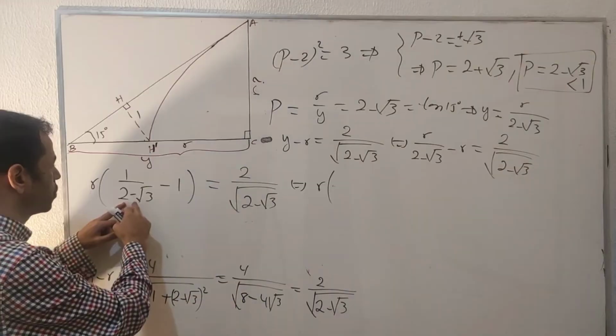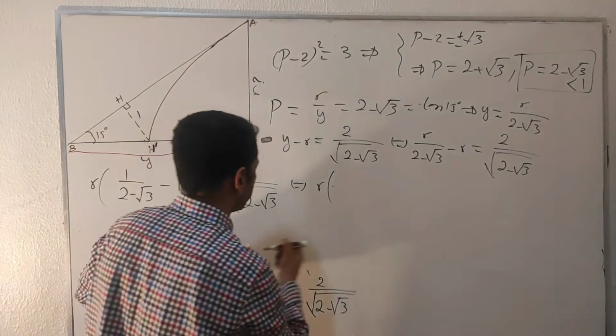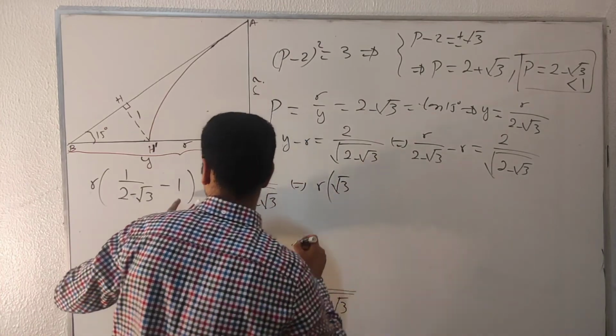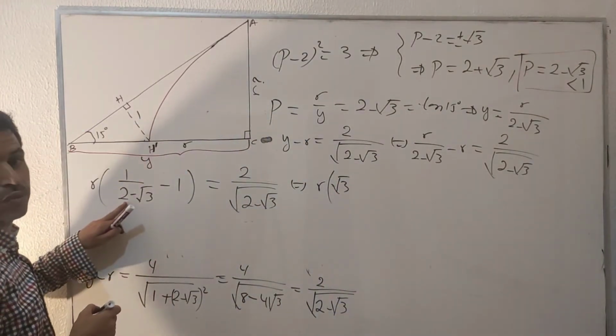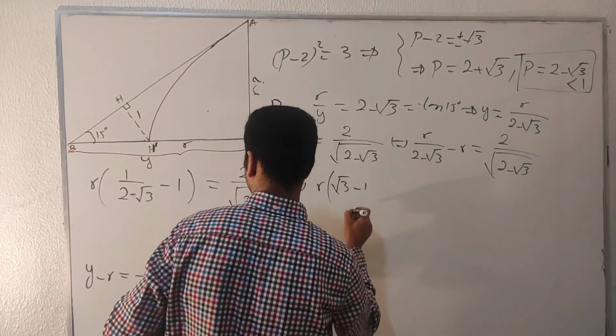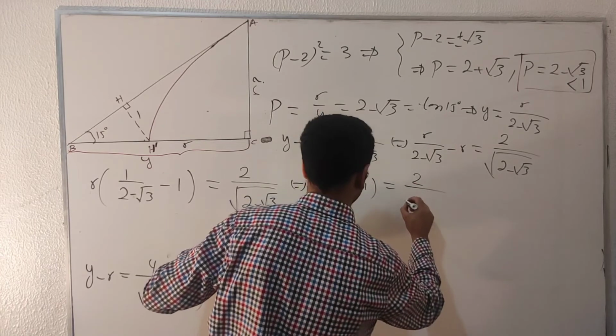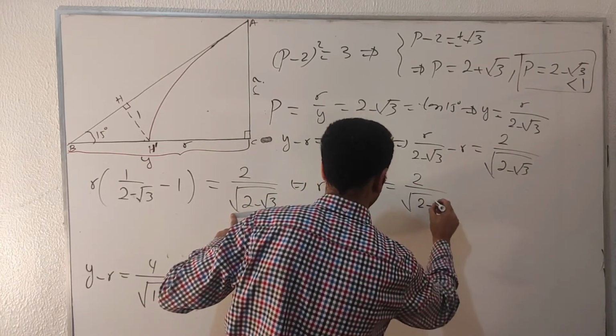Okay, simplify this one out. I get minus square root of 3 multiplied by this one, which is square root of 3, minus number 1 multiplied by 2, which is minus number 2, plus this number 1, which is minus number 1. Okay, equals 2 over square root of 2 minus square root of 3.